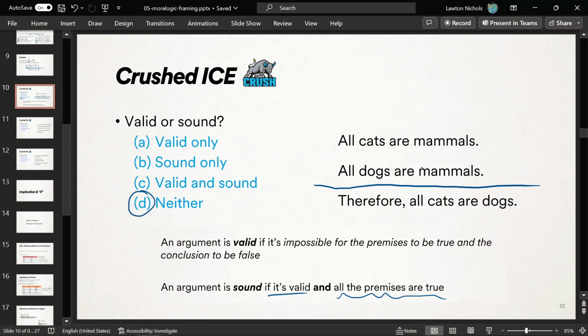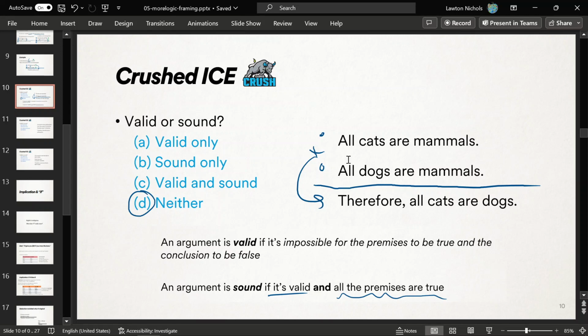I guess the idea is when things don't make sense, sometimes that means soundness is off. But under those weird assumptions, does the conclusion follow from the combination of those premises? Is the question for validity, at least. It does. They all are mammal, yes.